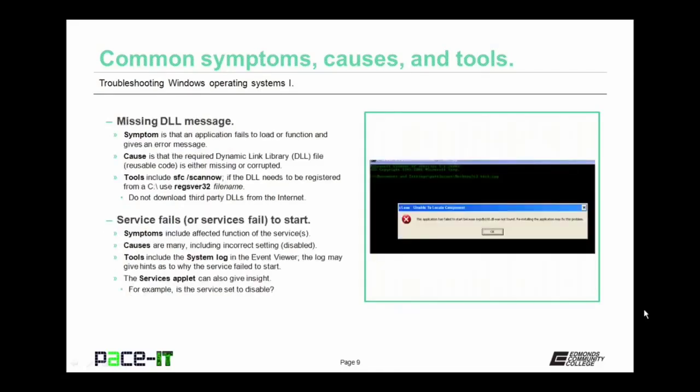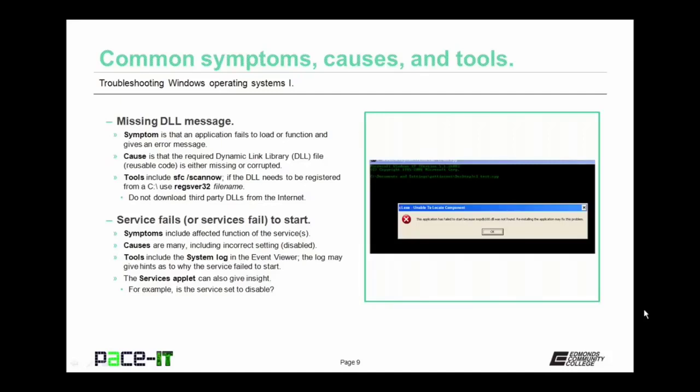Every once in a while, you'll get a missing DLL message. The symptom here is that an application fails to load or function, and it gives you a missing DLL message. The cause is that the required dynamic link library file, which is reusable code, is either missing or corrupt. Your tools to troubleshoot and recover from this include System File Checker with the Scan Now option.